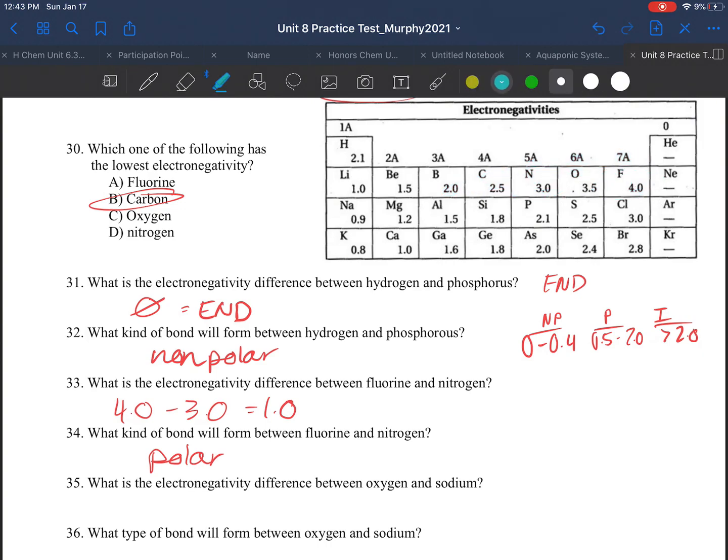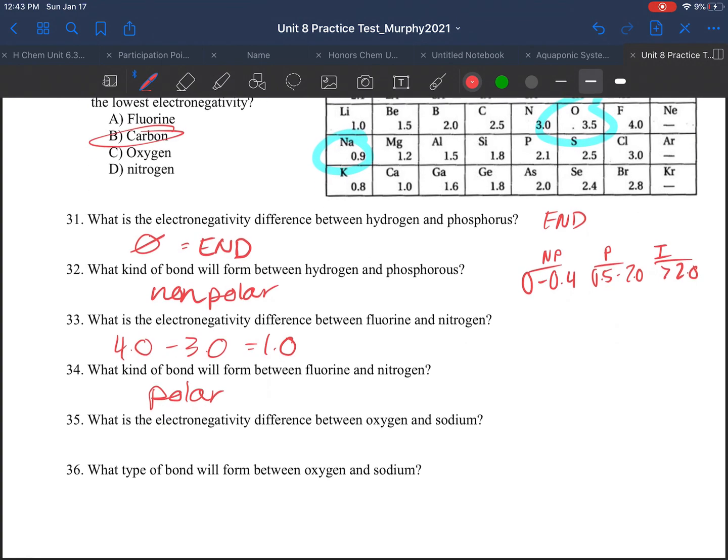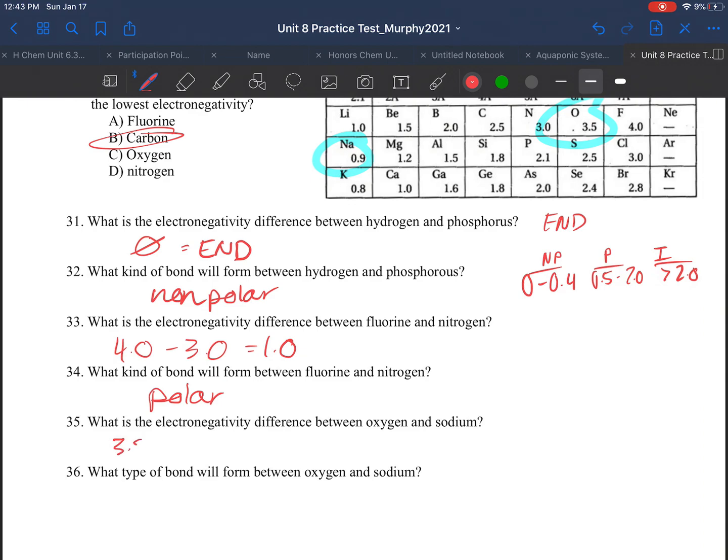So we are looking at oxygen and sodium. If we have 3.5 minus 0.9, that gives us, what, 2.6? Pretty sure. Either way, it's going to be over 2.0, and so the type of bond will be ionic.